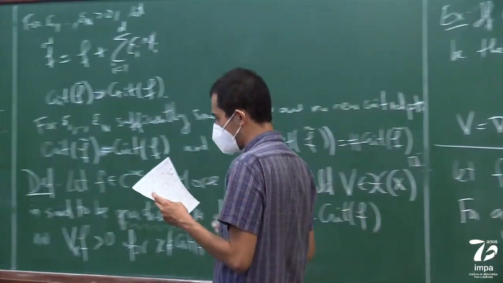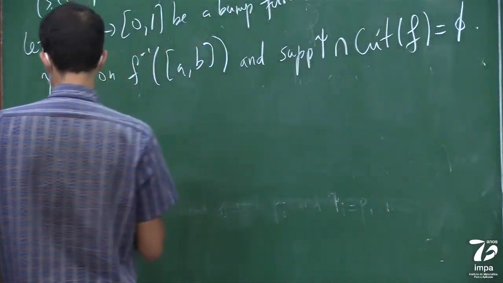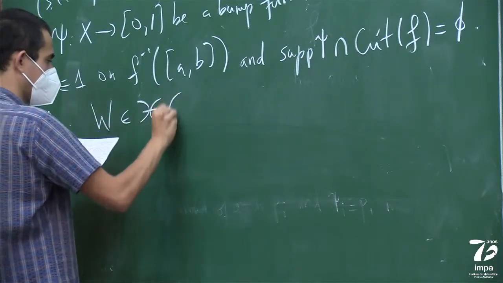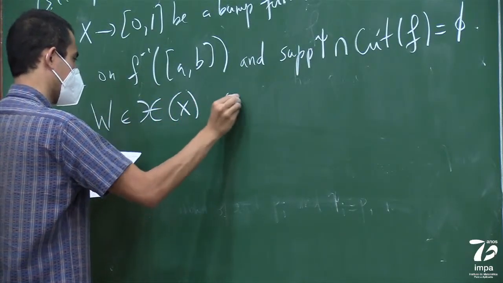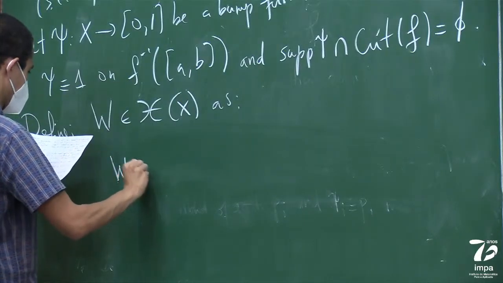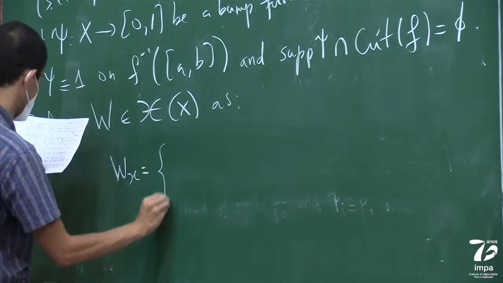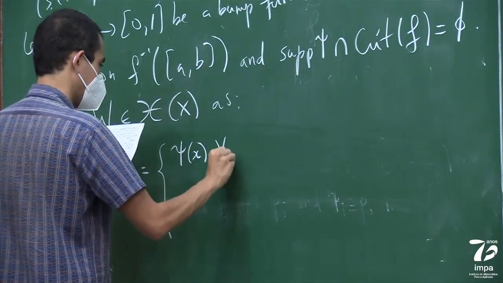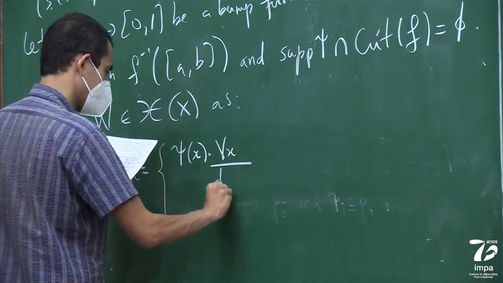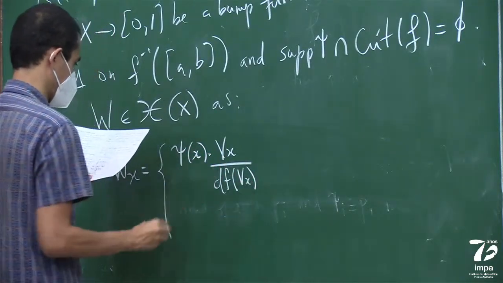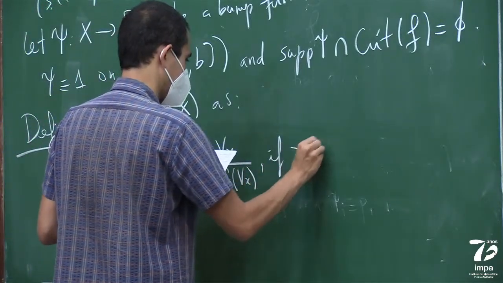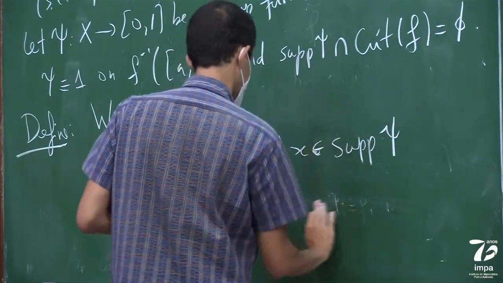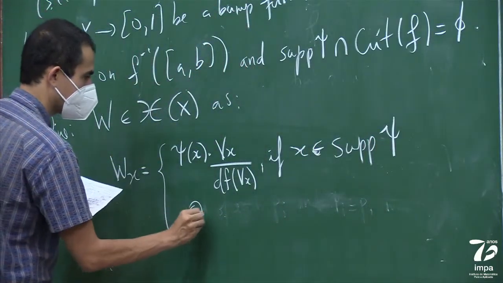So you define W to be a vector field as follows: W of x will be equal to psi of x times v of x over df of v of x, if x is in the support of psi, and 0 otherwise.